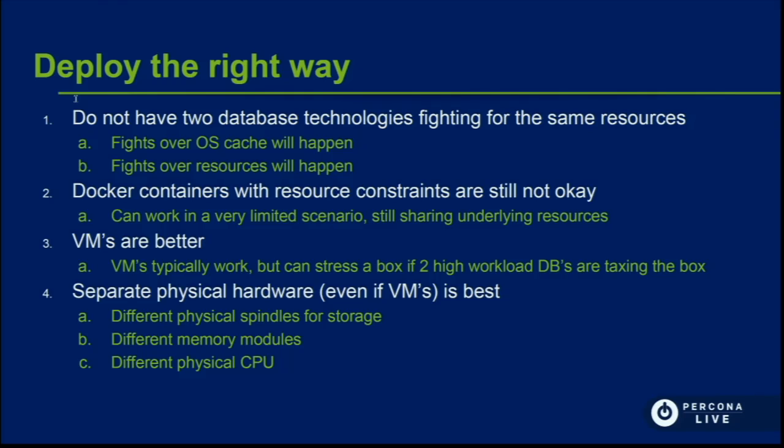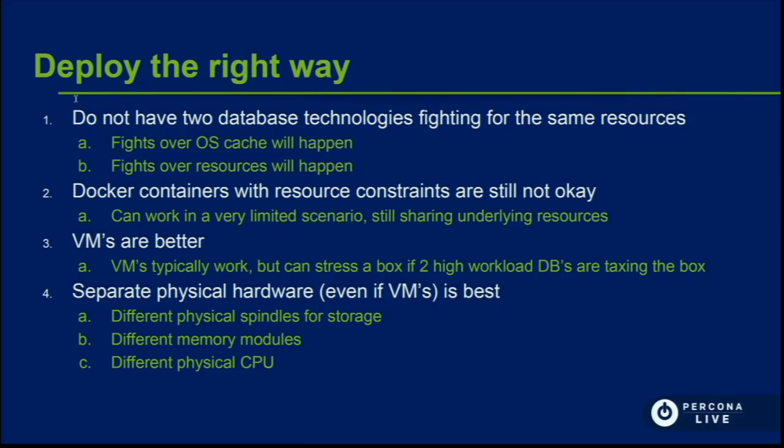VMs, getting warmer, getting a little bit better. At least you can pin these to maybe some CPUs, but still, you're going to run into issues if both are going to be high throughput boxes, or the use case is going to be where the load is going to be high on both boxes. You're going to be taxing the underlying hardware in one way without being able to recognize it with the other VM.